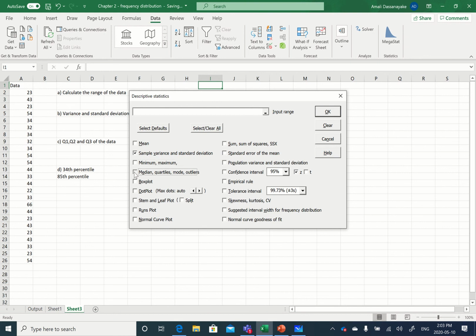I need quartiles, so I'm going to check this one, and then I'm going to check this plot called box plot. This is something additional, but it's a nice graphical summary of your data set using the idea of quartiles. That's why I wanted to show you this plot as well. So go ahead and select the data.